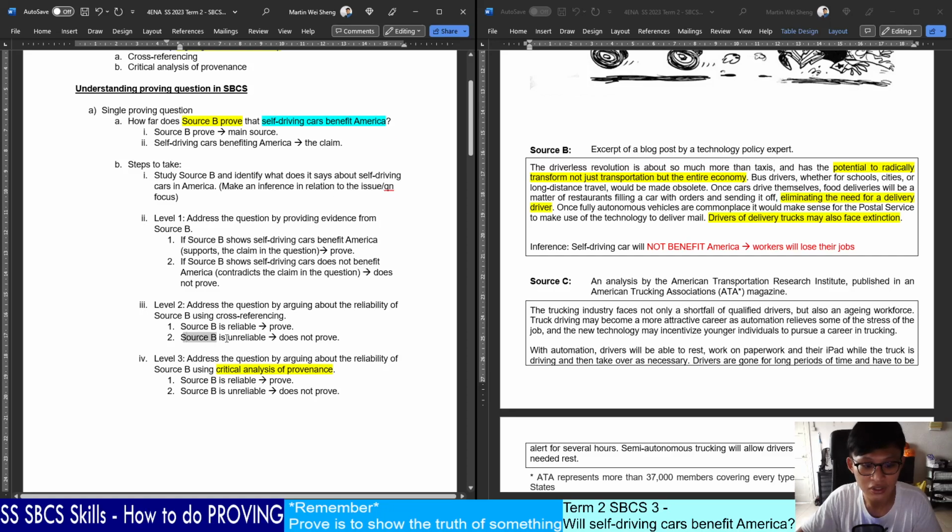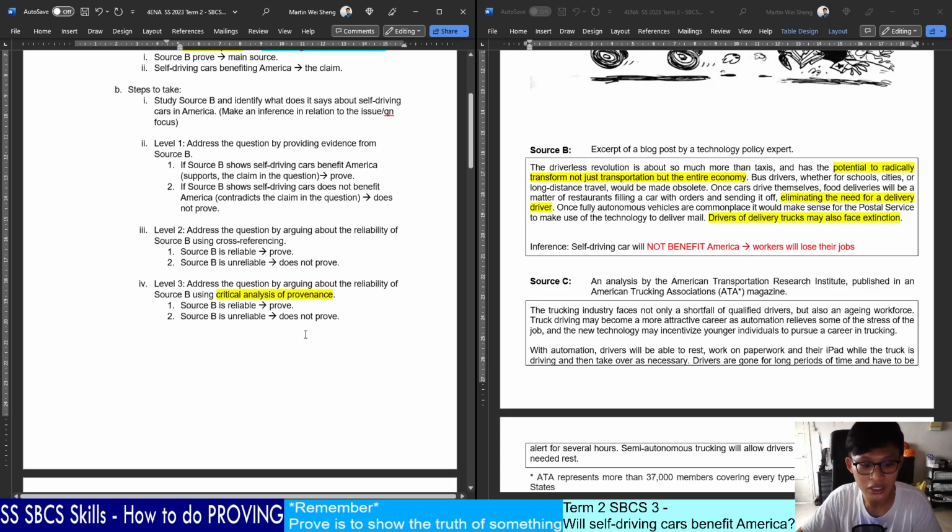However, if we find that source B is unreliable, that means source B does not prove it. In this lesson, I will not go through how to do cross-referencing because it is a skill that you have learned previously. This is what you need to know, the steps to take.